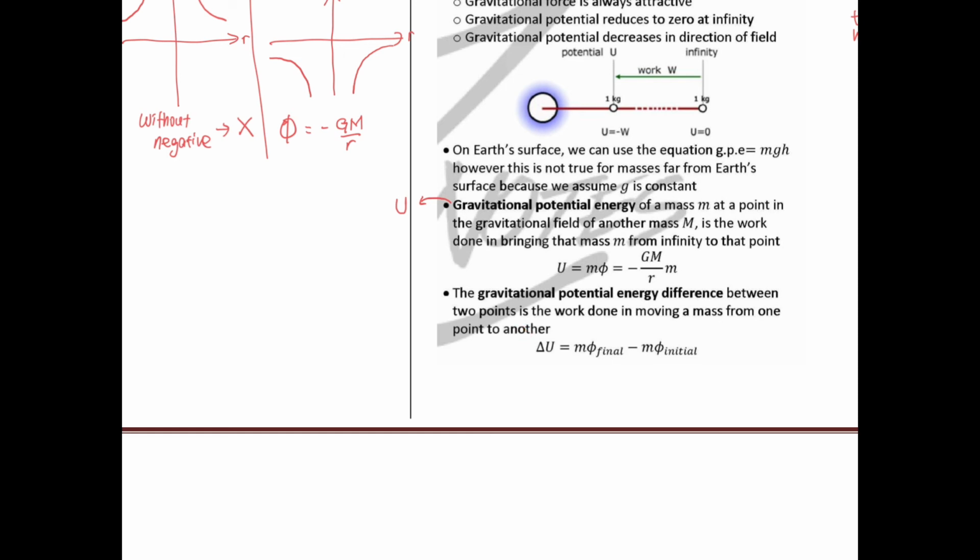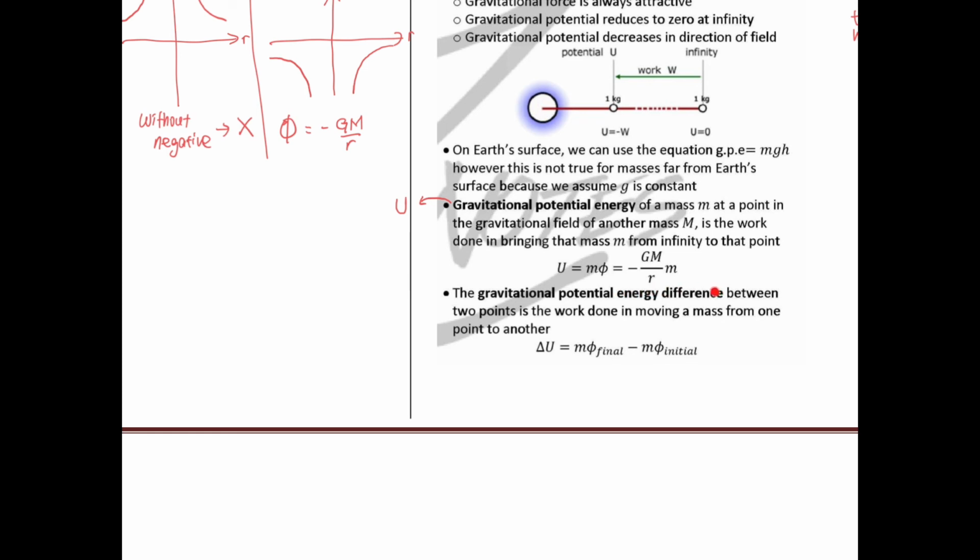It is from one point to another point. It's not infinity to this point. It is just 2 points that are not infinity. So you want to find the work done from one point to another point. So the work done here is the gravitational potential energy difference.